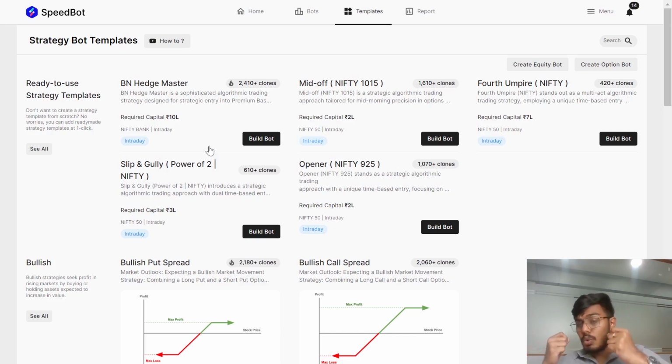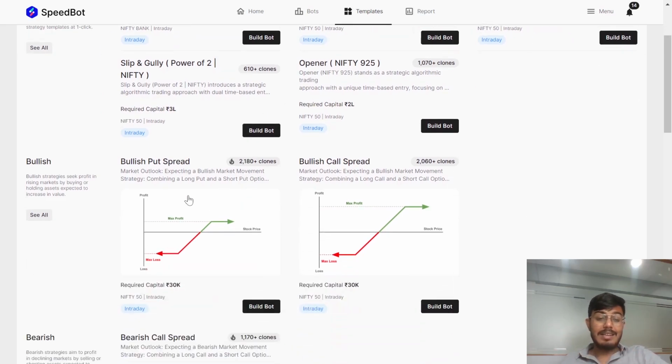So if you do not have a trading strategy, then I would highly recommend you to explore the Speedbot ready to use strategy templates. Let me just go to one of the templates. This is just to give you a disclaimer and a heads up that this is not a recommendation that we do.